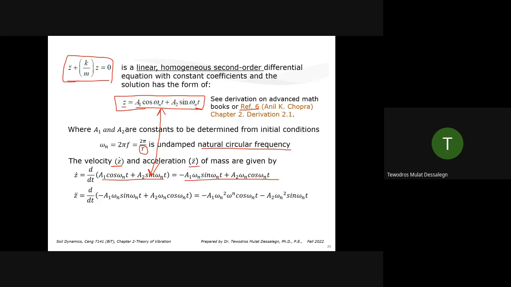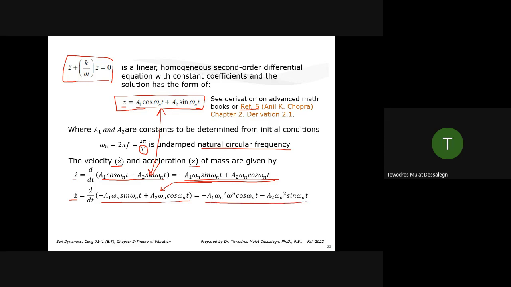Cosine becomes negative sine, and sine becomes cosine. Now, acceleration is the second derivative of the displacement, which means the first derivative of the velocity. So you can use d by dt of this, because this is the velocity now, and you have this expression.